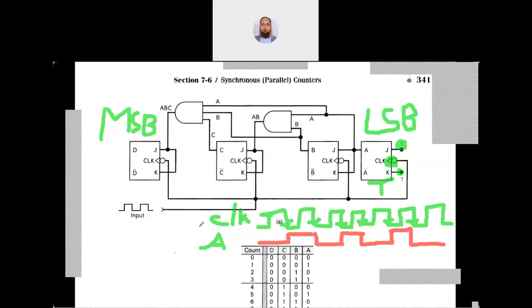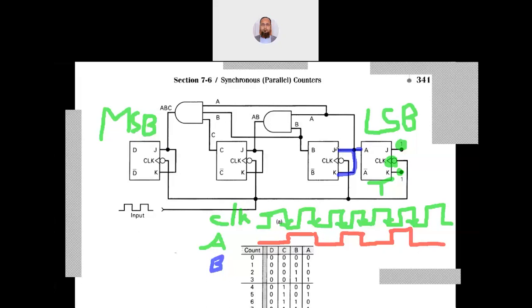Now, if we talk about the flip-flop B, you can see that in flip-flop B, J and K are connected together, and they are connected to A. In the asynchronous counter, the output A was going to the flip-flop clock, but here it is going directly to the flip-flop input.